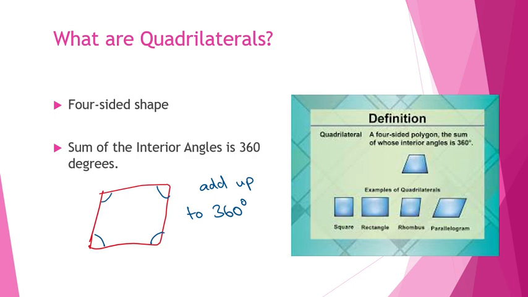Now, I'm hoping that you have the sheet with you, the sheet with all the shapes and what they're called. On the right side, there's an empty space where I want you to write down the formulas to find the area of such shapes.